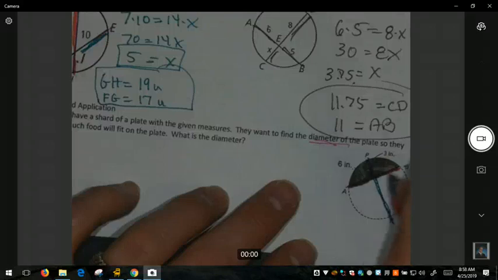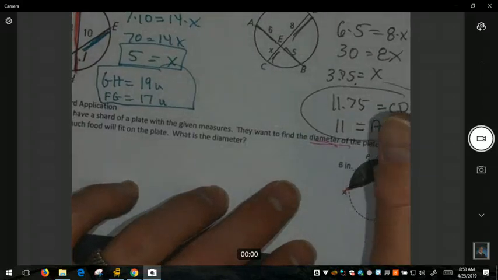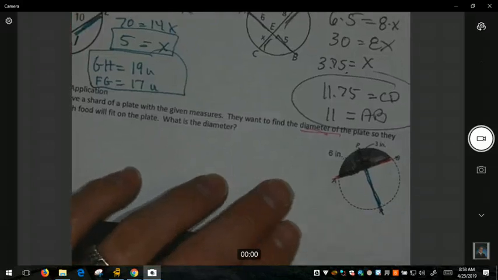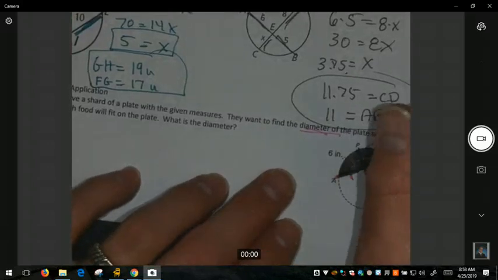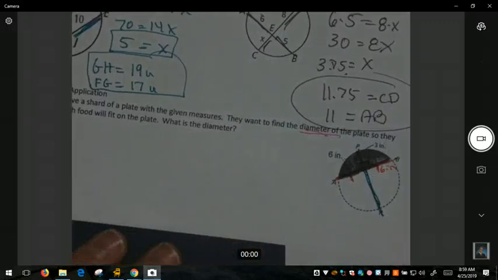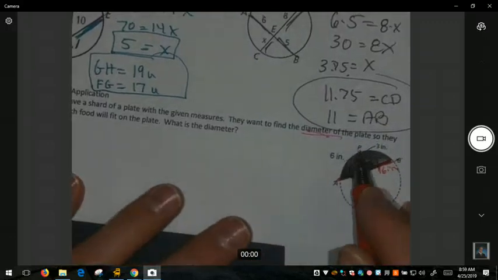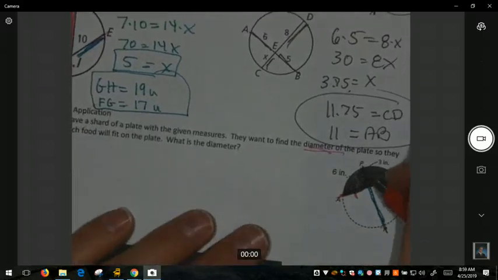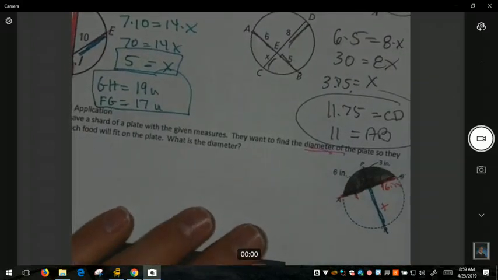And what does the diameter always do to the chord? Well, if it's perpendicular to it, it will bisect that chord. That means that this is also 6 inches. So this is a chord and this is a chord. The diameter itself is a chord. Part of the diameter is 3, part of the diameter is x.